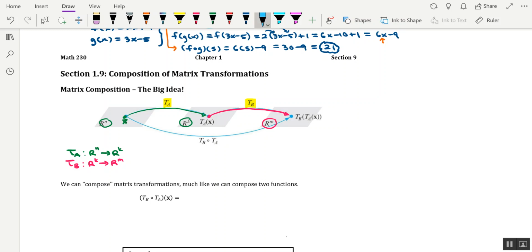So you can see in this diagram there's kind of a path that bypasses k space when taking the vector x from n space to m space. There's this path that we could take as an alternate.